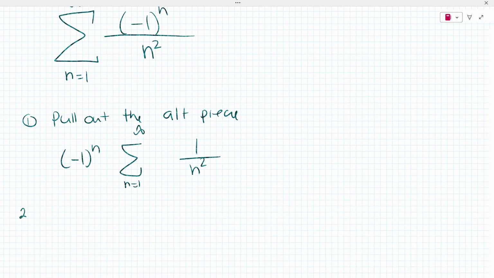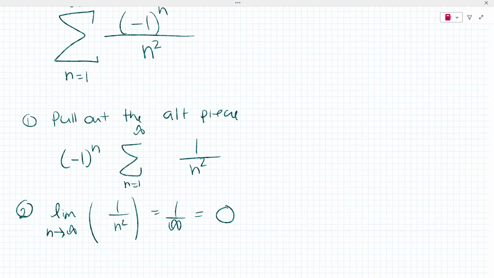Step 2, take the limit as n goes to infinity. That's 1 over infinity, which equals 0. Since it's bottom heavy, it converges.